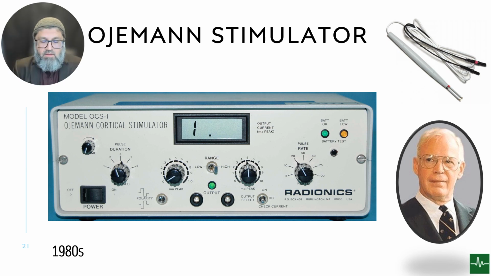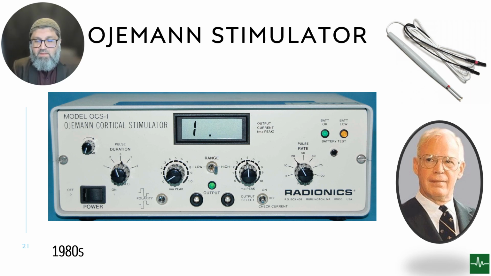In the early 1980s, Dr. Ojemann developed another stimulator which is still being used. It's called the Ojemann stimulator. It's not being manufactured, but most hospital systems still have the old machine. Dr. Ojemann is Professor Emeritus of Neurological Surgery at the University of Washington School of Medicine.